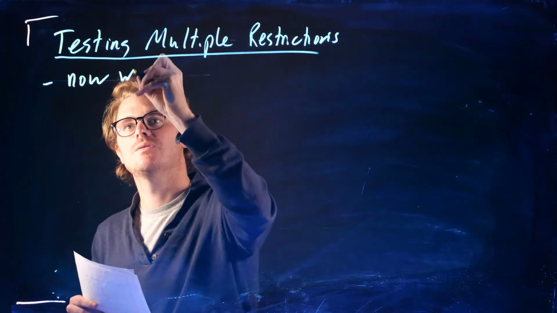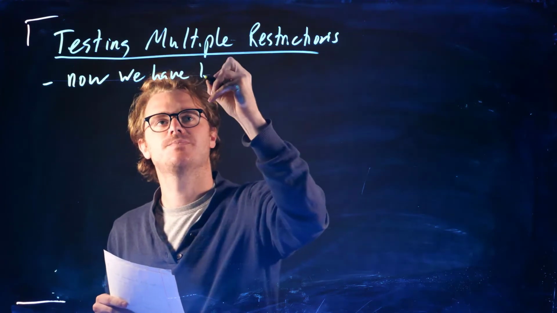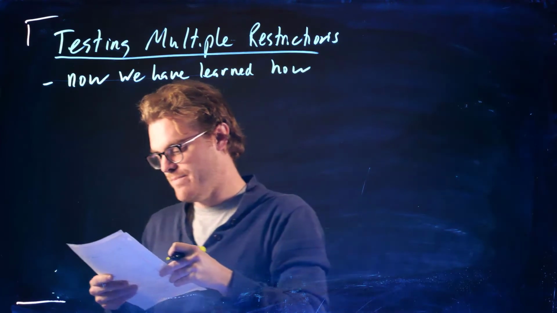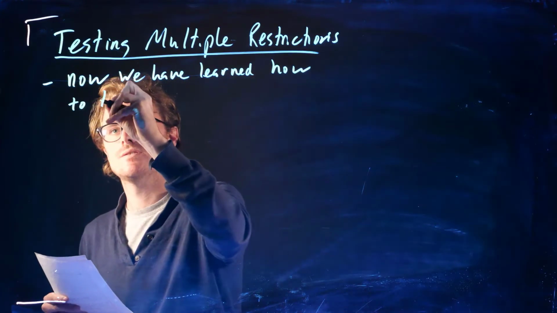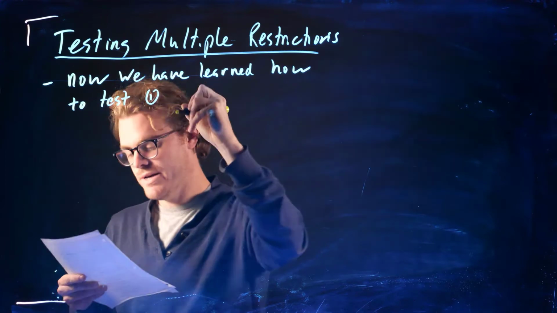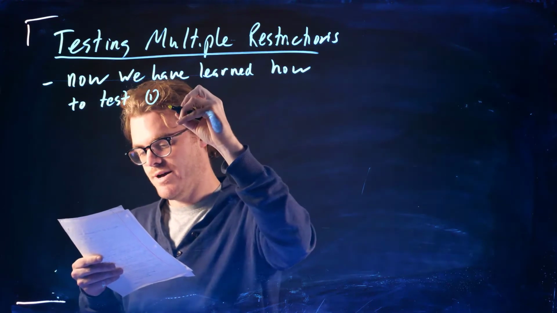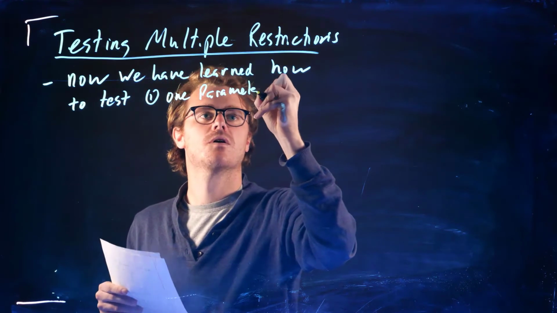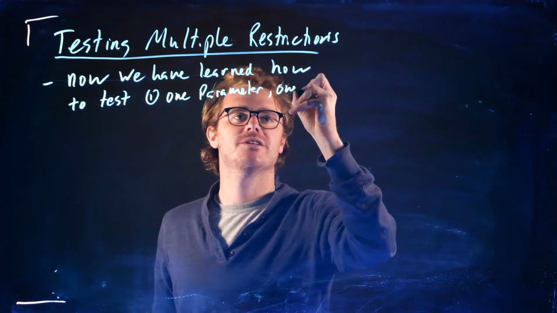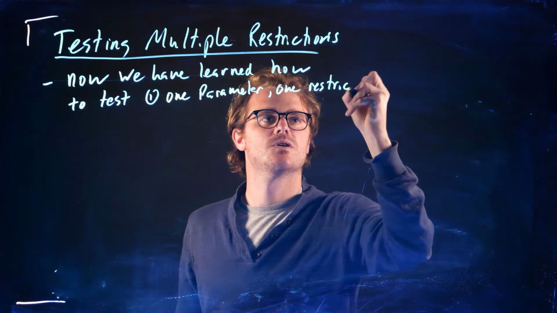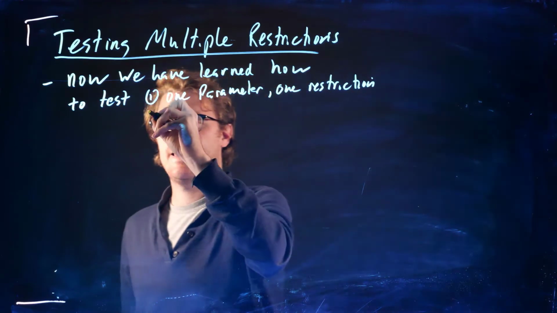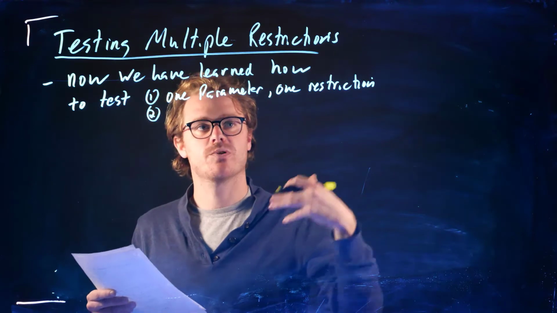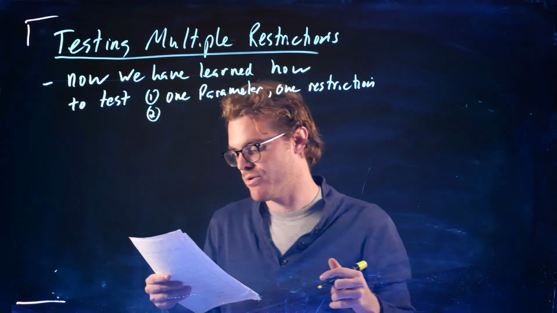So now we have learned how to test one parameter, one restriction, and also one restriction with a linear combination of parameters.